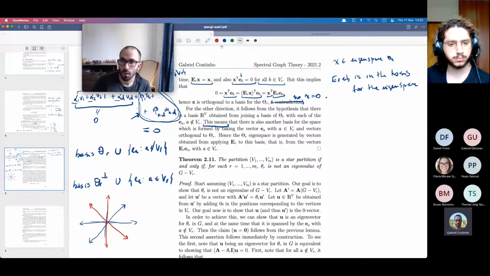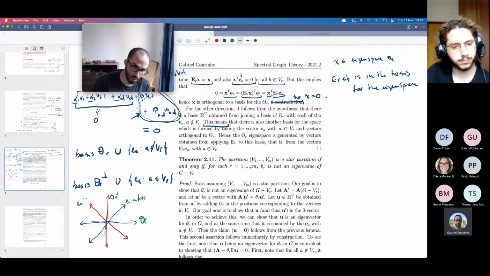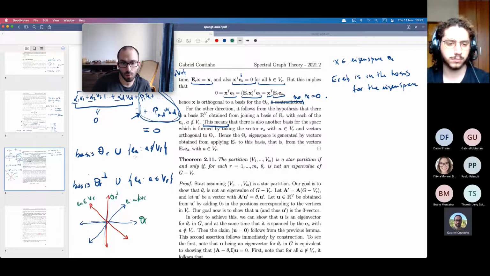So this is playing the role of theta r. This is the E sub A not in VR. This is theta r orthogonal. This is E sub A in VR. See, it's not necessarily the case that this one here is equal to this one here.